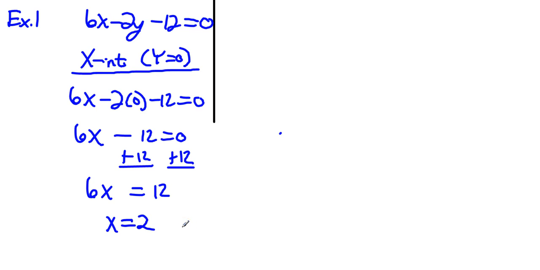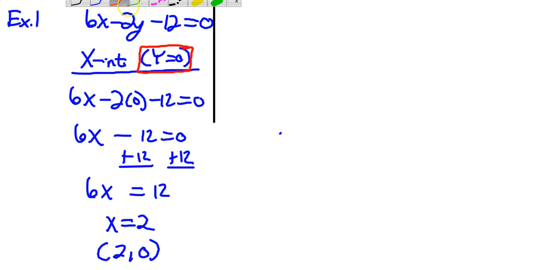And then divide by 6, so you get x equals 2. Now, the one thing they may have you do in this case, instead of just leaving it as that value, they'll probably have you write that as an ordered pair. So that would be at 2, 0, because we plugged in the y value of 0. So that was kind of the given part when you do go through that part of it.